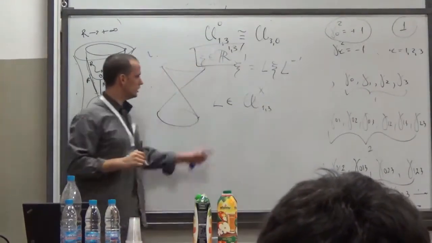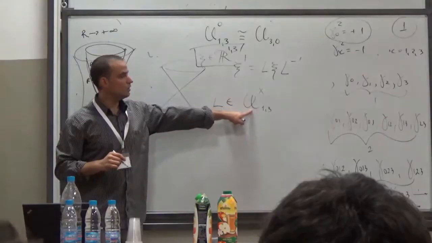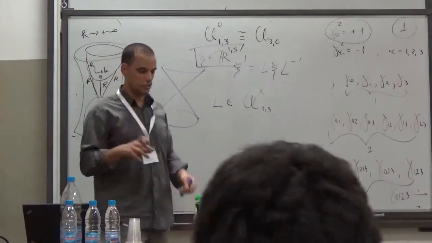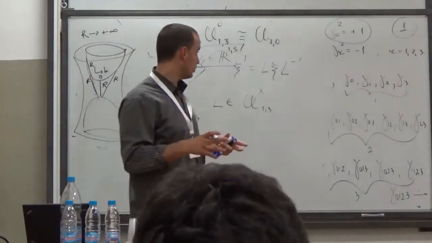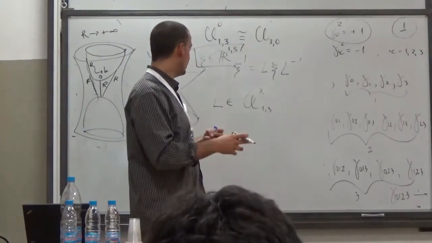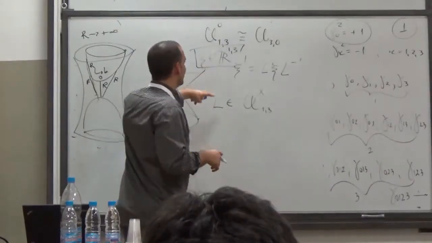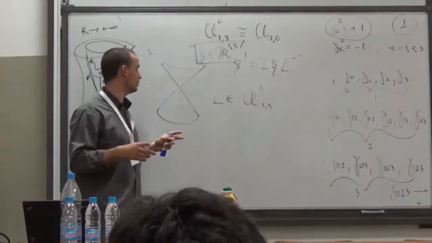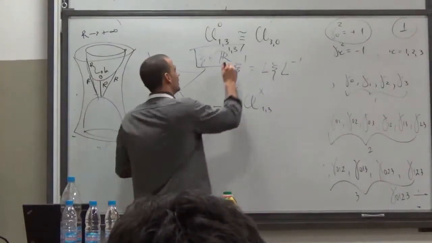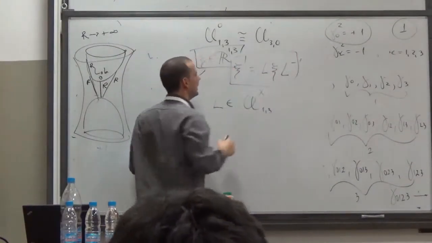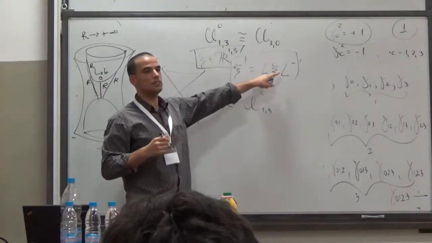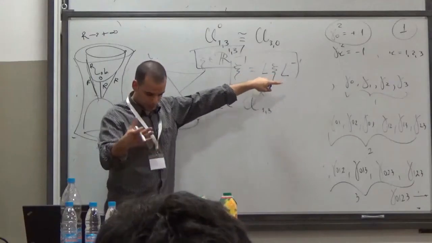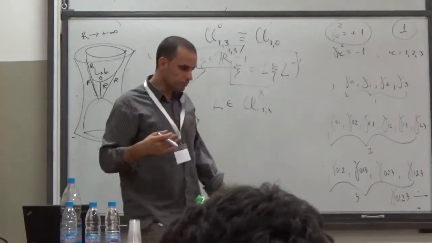So this means all elements that have an inverse. Obviously, this is a group. Now, how does it act? If you take L to be a vector, this gives you a reflection.